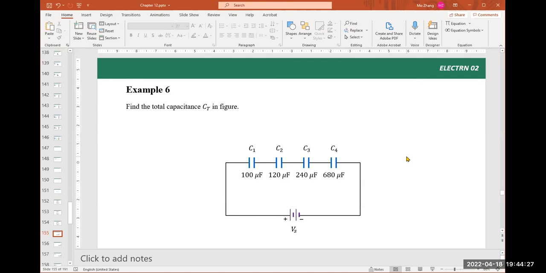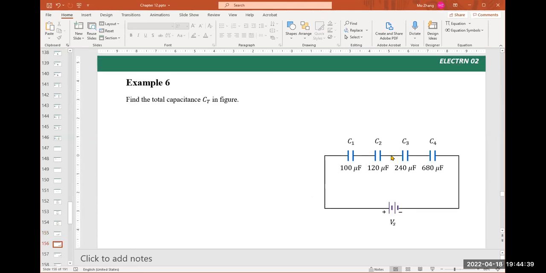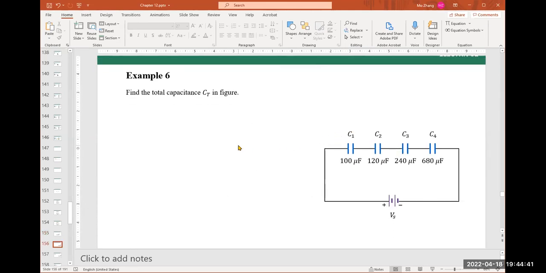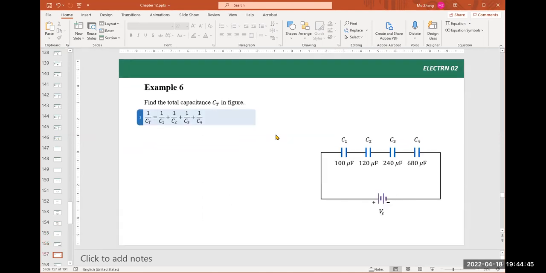We want to find the total capacitance. In other words, if we remove these and replace the 4 capacitors by 1 capacitor, what's the value of it? We're going to use that formula to figure this out, at least in theory, conceptually.